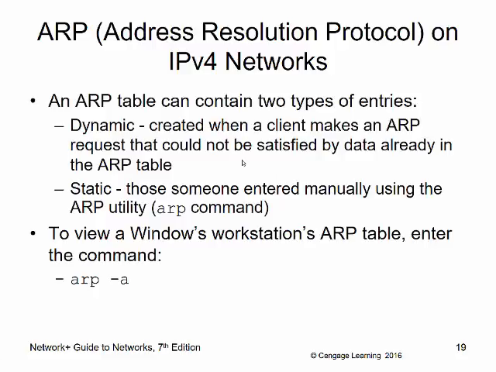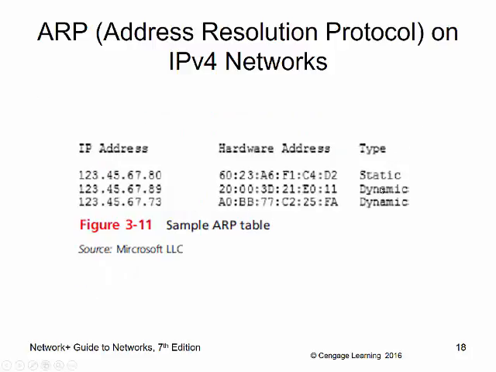Now, two kinds of entries. We saw them in here before. Static and dynamic. Dynamic ones are created from ARP broadcast. It's possible to put a static entry in there, right? I might have a situation where my IP address will never change. And my MAC address should never change. I mean, it's a physical address burned into the chip on the network interface card. If I know that IP will never change, I could configure my node with a static one, right?